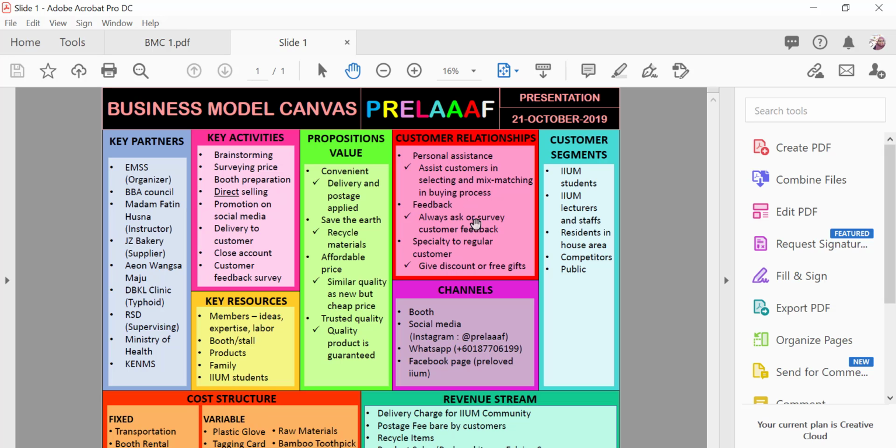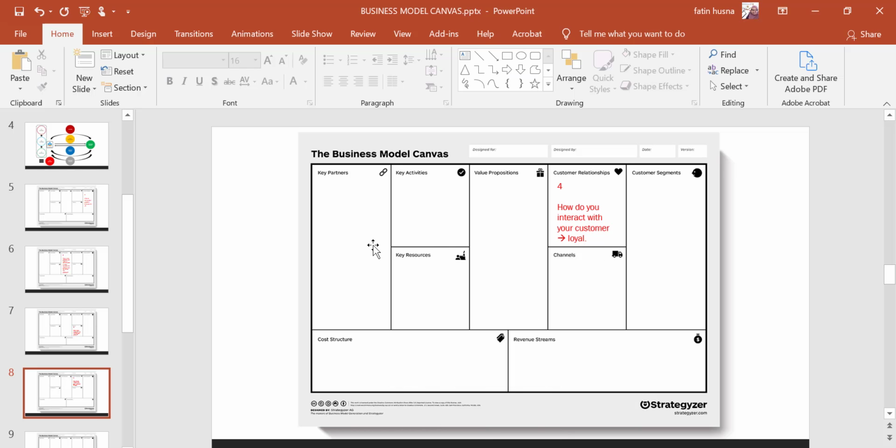Okay, so feedback is not supposed to be here. Giving discount or free gift can. Okay, so personal assistant only for Pre-Love is acceptable. But assistance on buying things from Shopee and something like that is not part of the customer relationship. Basically something that makes your customer think about you in the long run. Okay.